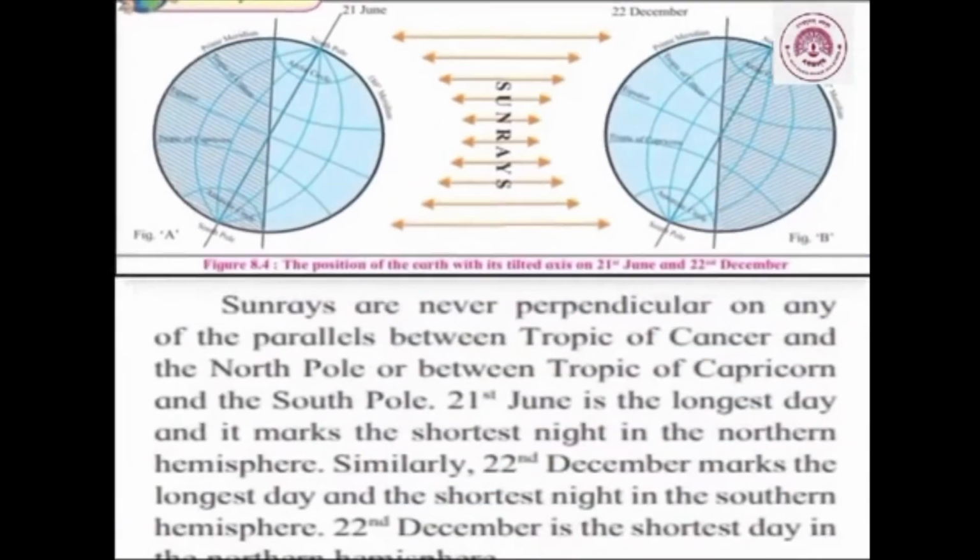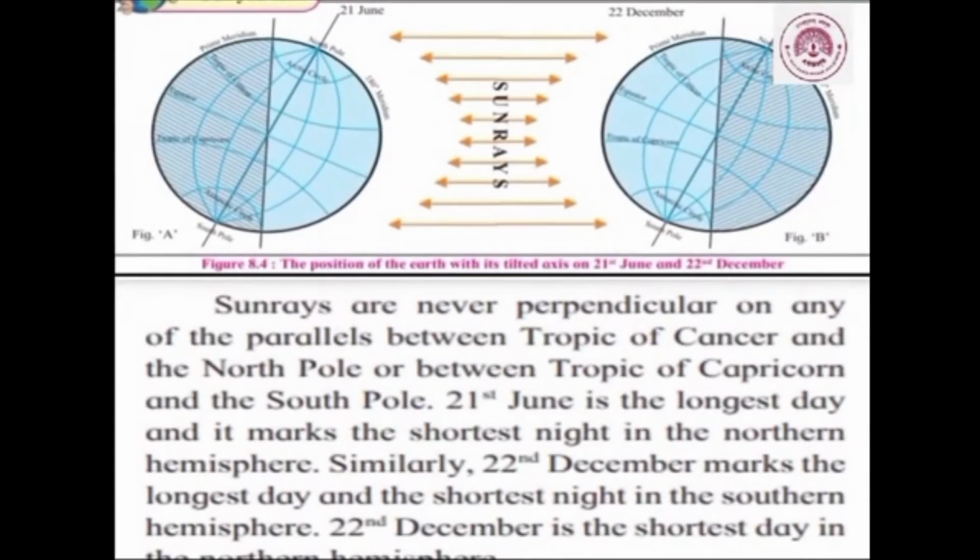The sun rays are never perpendicular on any of the parallels between the Tropic of Cancer and the North Pole, or between the Tropic of Capricorn and the South Pole.